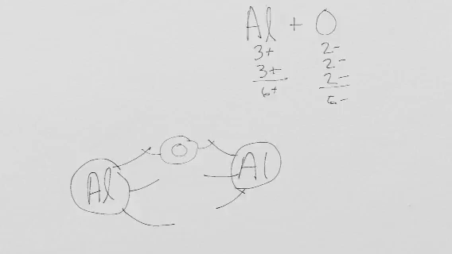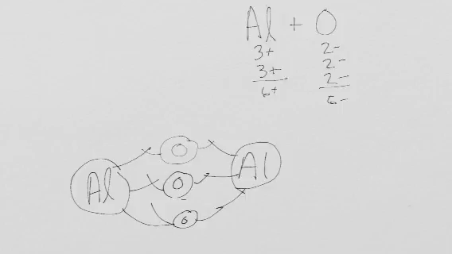Then I'm going to draw another oxygen, and another oxygen, and I'm going to move each of them in place just to make sure that everything is hooked up. Does this make sense to you? I know my hooks aren't really touching here, but whatever. So this visual shows you that in order to bond aluminum with oxygen and make it stable, you need 2 atoms of aluminum bound to 3 atoms of oxygen.